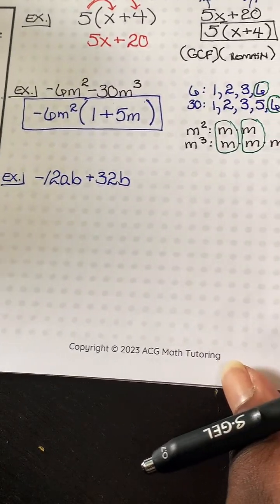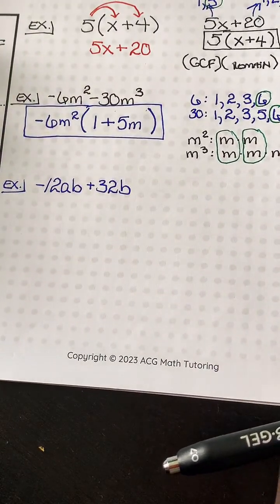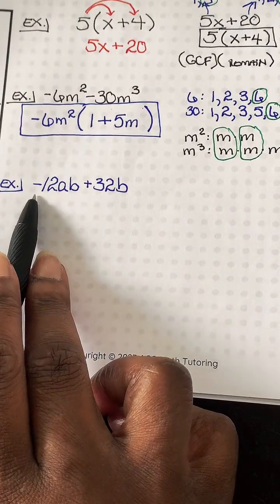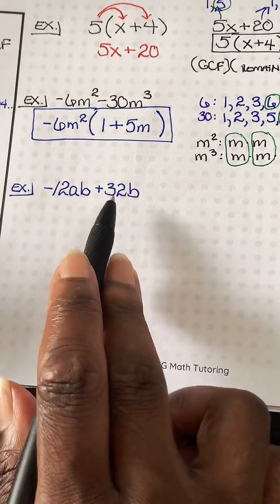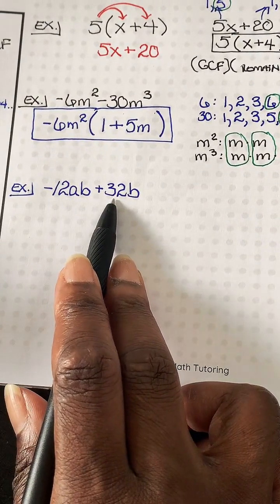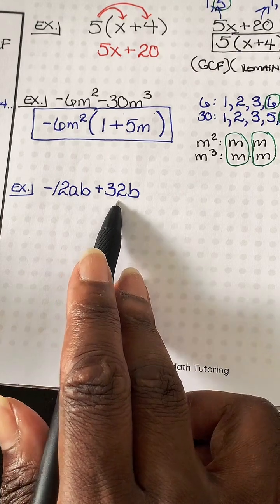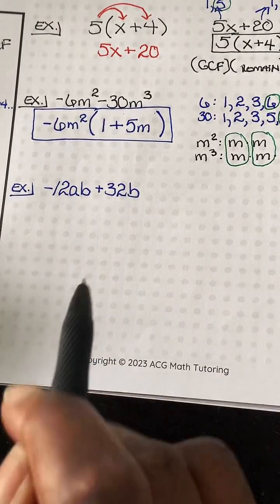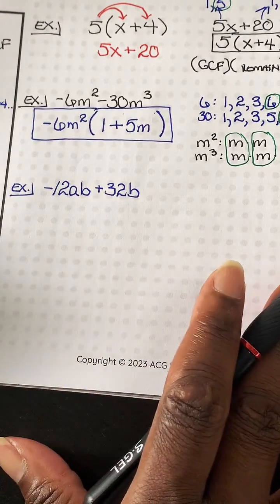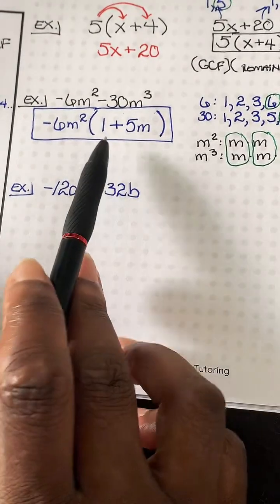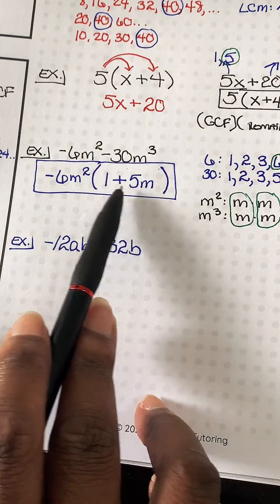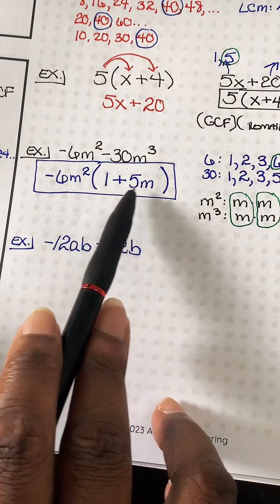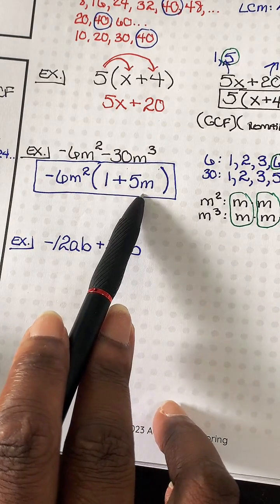So let's break it down. Right here, we have a negative 12 and we have a positive 32. Now, here's the thing. When you do your factoring, and I'm going to be as real as real can be, when you do what goes inside the parenthesis, you want it to be as positive as it can be.